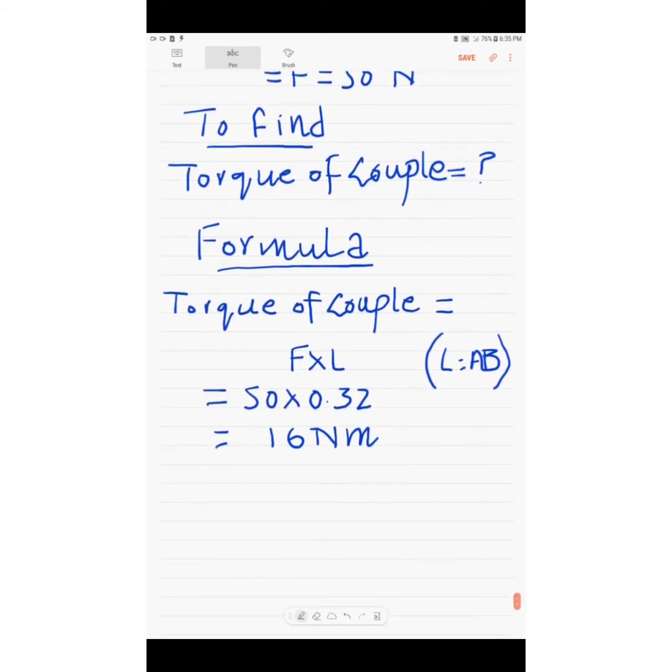You have to write the answer in words, the result. Underline it.